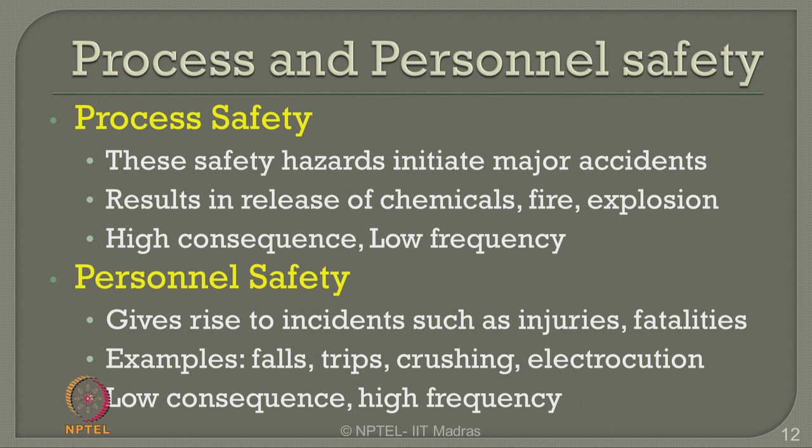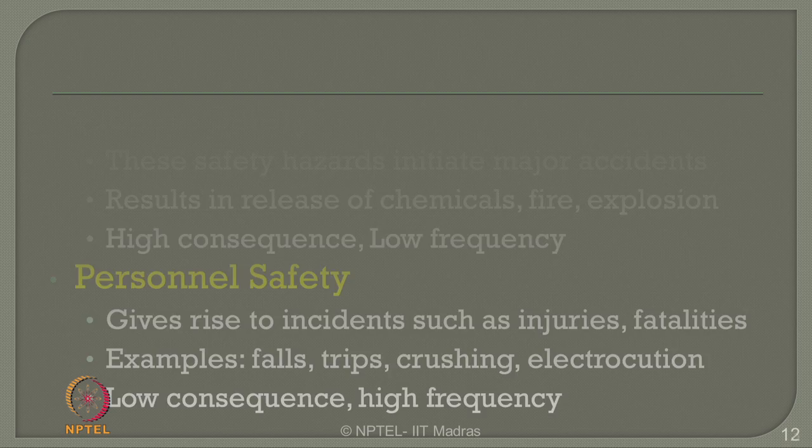As we all now realize, risk is a product of these two. However, risk in terms of process management and personnel management, both are important. Therefore, HSE covers both by and large.